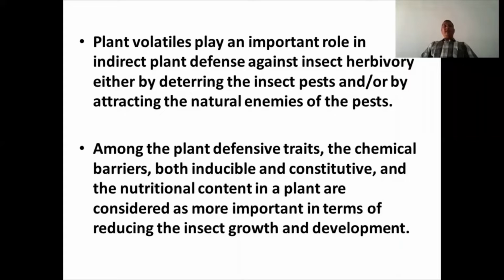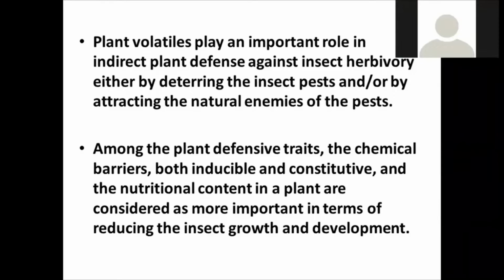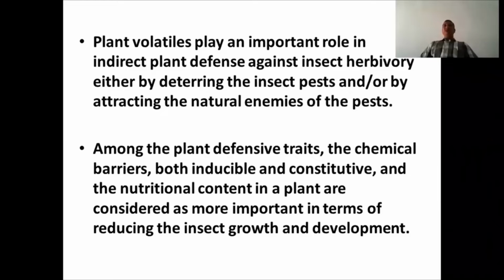So what the plants do is release some kind of perfume, and this perfume will either stop the insect from coming, or not attract the insect to come nearby. Many plants, like you can see tulsi or neem, have a kind of pungent smell, and this smell itself makes the insect not attack the plant.